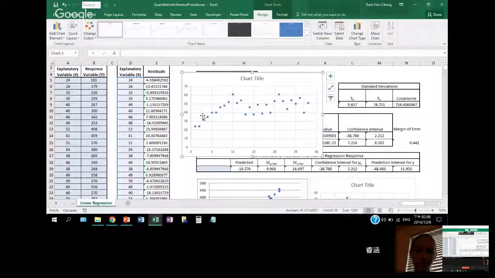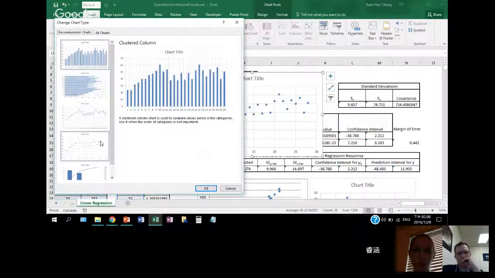Let me share my screen. It looks like this. Looks super weird. Here you go, watch this. This is the scatter plot for the explanatory variable. How do I interpret this? Which chart did you choose?